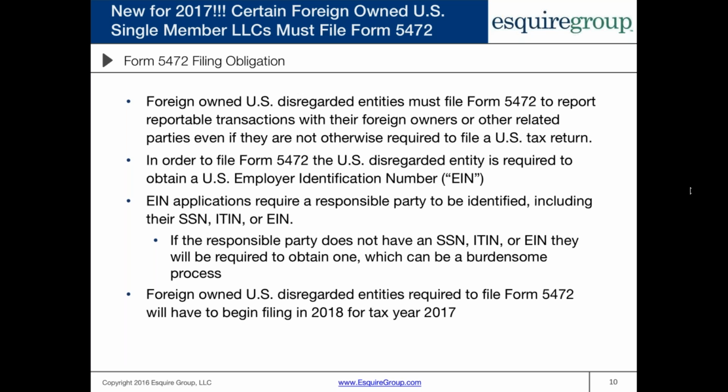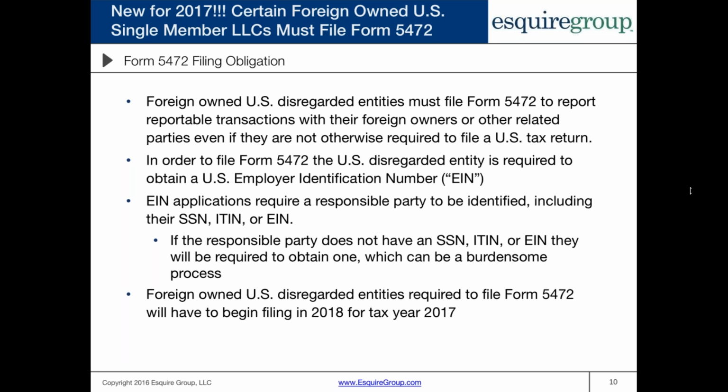In this particular situation, there could be a 5472 filing requirement depending on the transactions between the foreign owner of the U.S. LLC and the U.S. LLC. But that foreign owner is also going to have a tax return filing requirement in the U.S. to report the income and expenses from the rental activity.